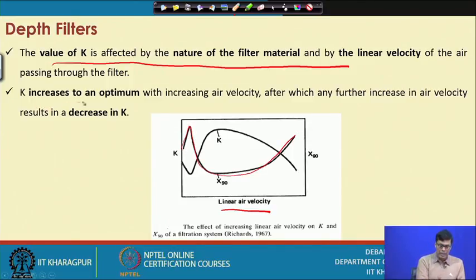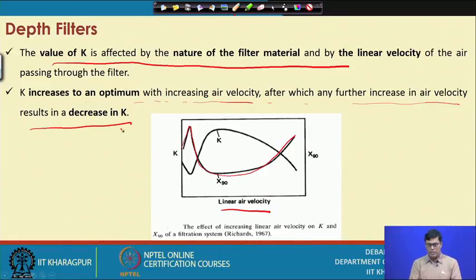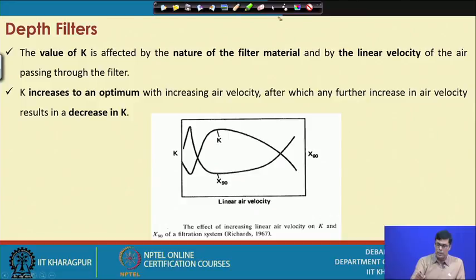The k increases to an optimum with an increase of air flow rate, after which it decreases. That has been observed. So, this is the kind of scenario that we have in the case of an air filter.